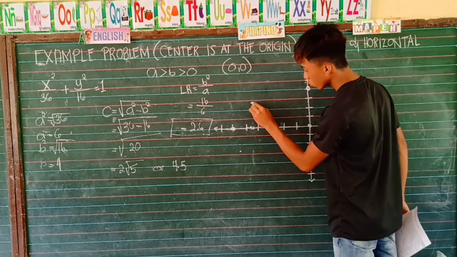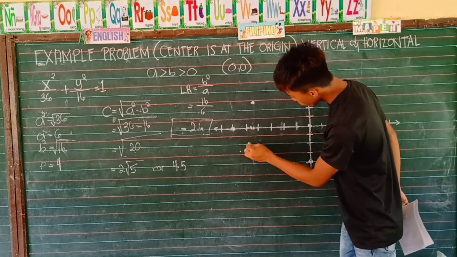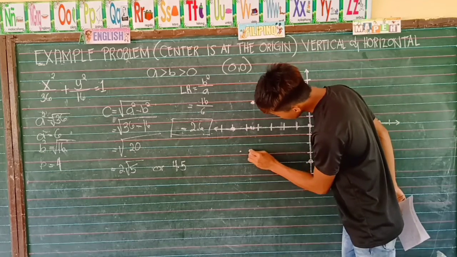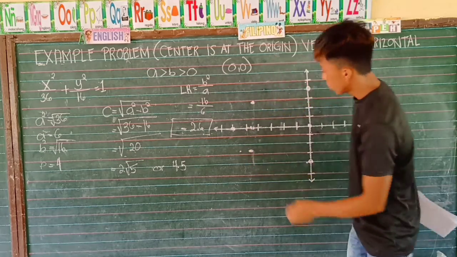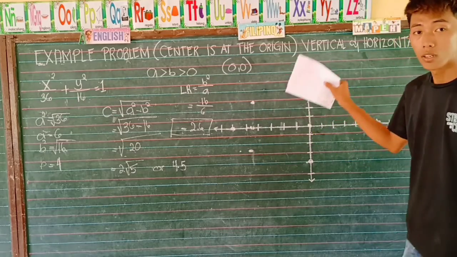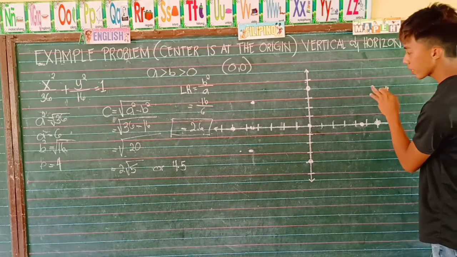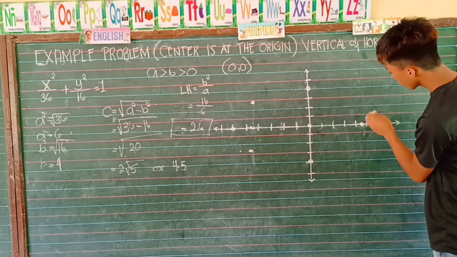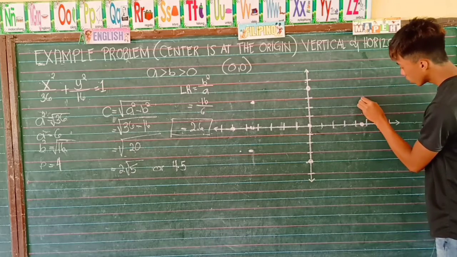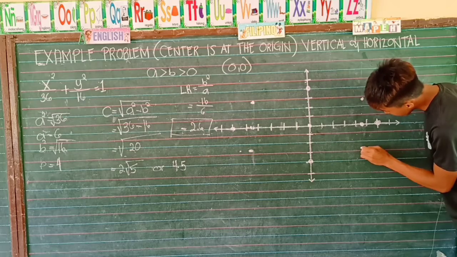So our 2.6 is here. Same thing below: 1, 2. Here is our 2.6. This is for the first focus. And then we do the same for our second focus: 2.6, 1, 2, and there is 2.6.